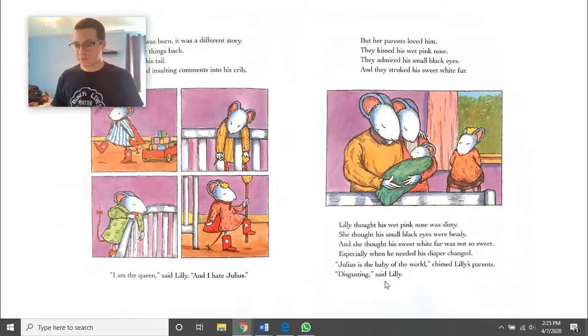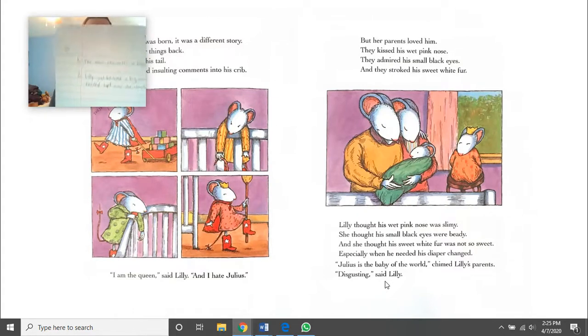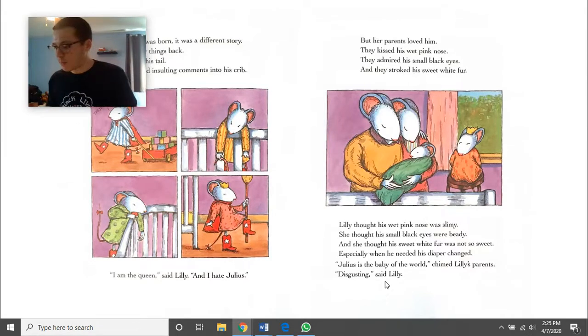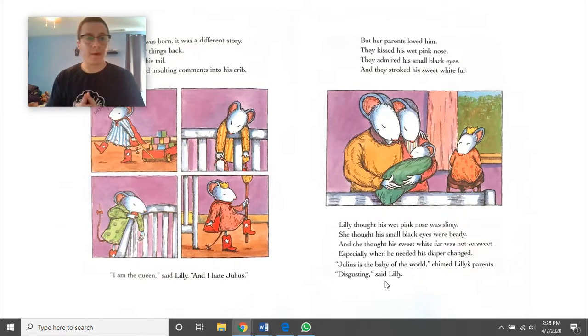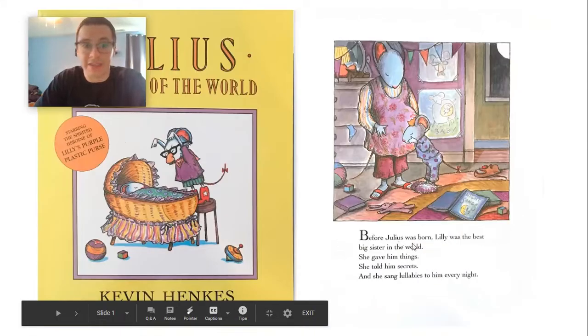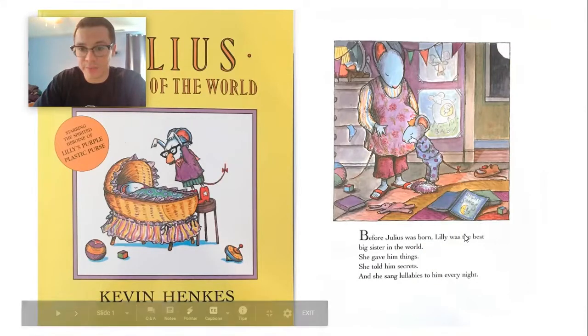All right, so just like I did with the first question, this is the second question. I put a number two, and I answered the question on the lines. So, what do we know about our main character? What do we know about Lily so far? Well, looking back, we know that at first, Lily was really excited to be a big sister.